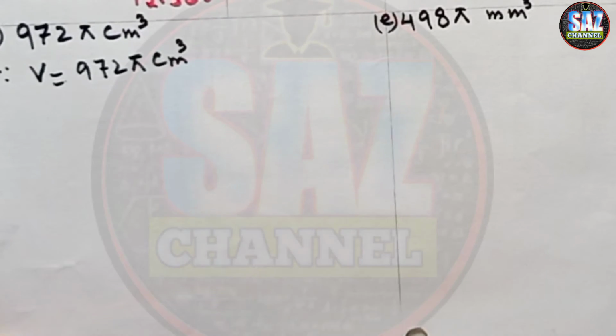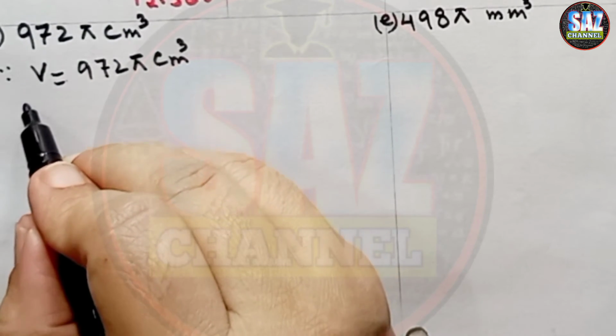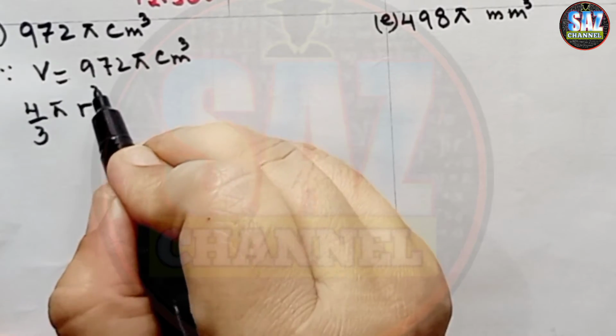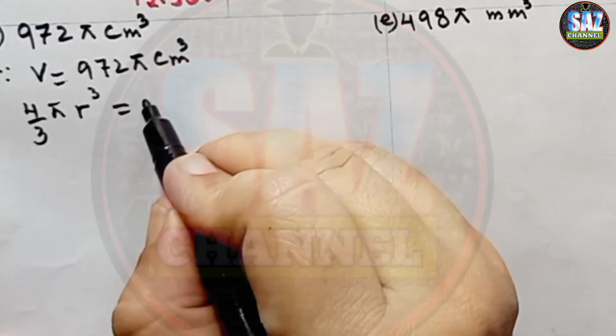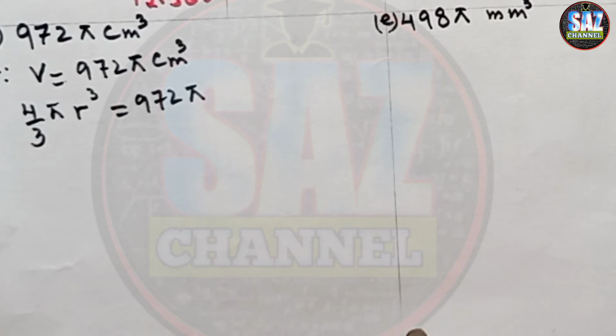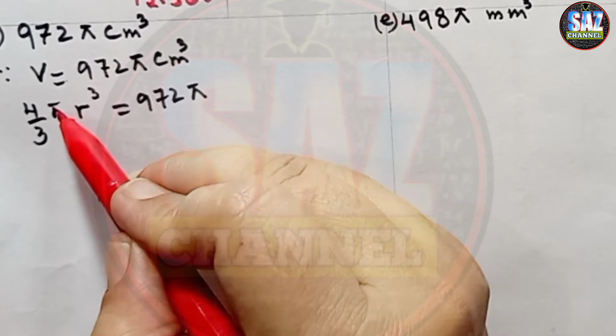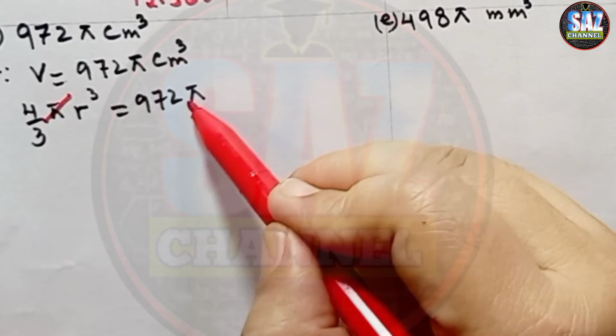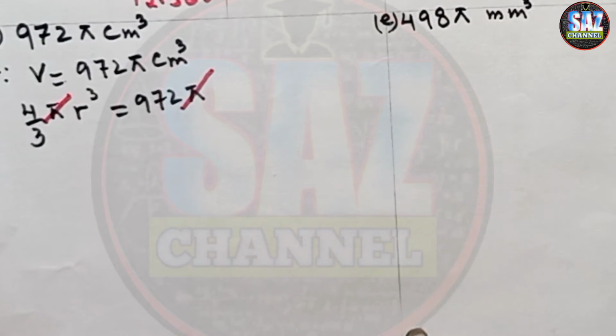This volume will be equated by the formula 4 by 3 into pi r cube equals 972 pi. Now I always ask my students that those calculations which are the same on both sides, let them cancel completely. Pi can go with this pi completely, and this will make our calculation easier.